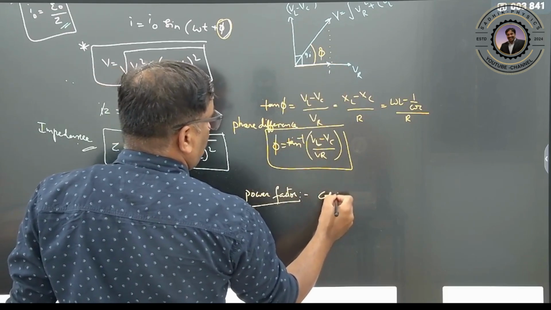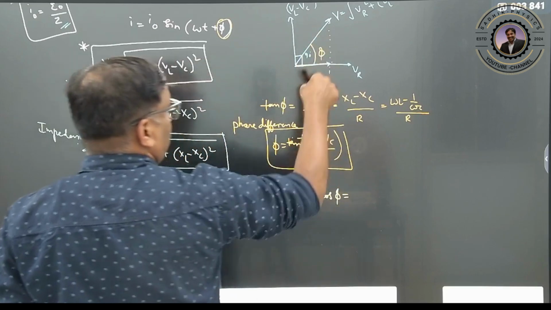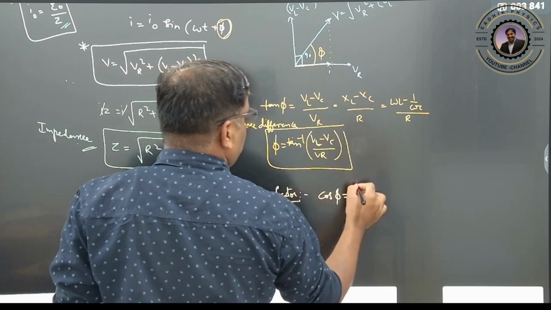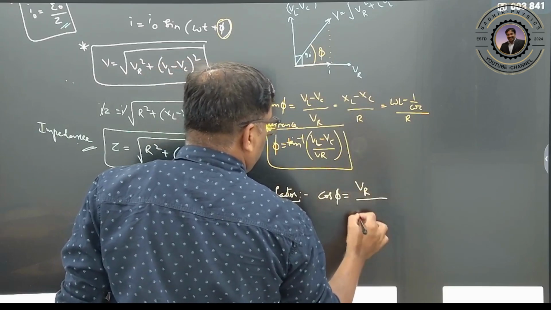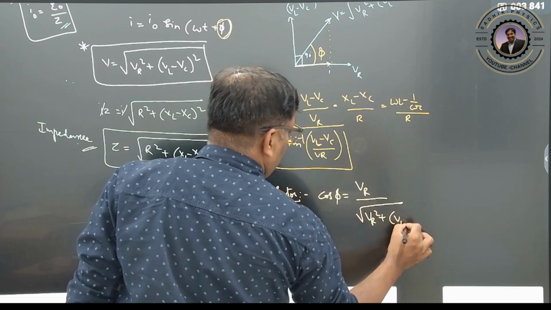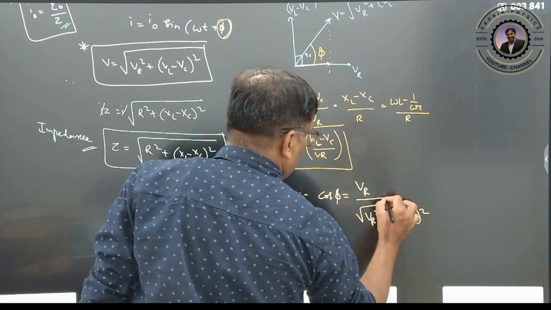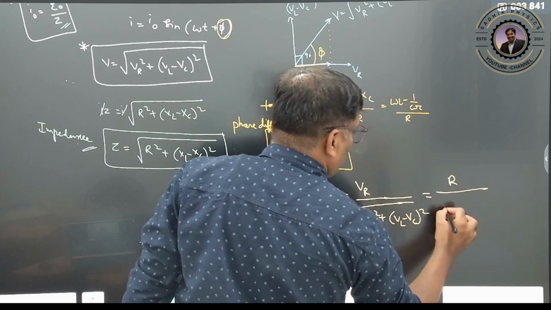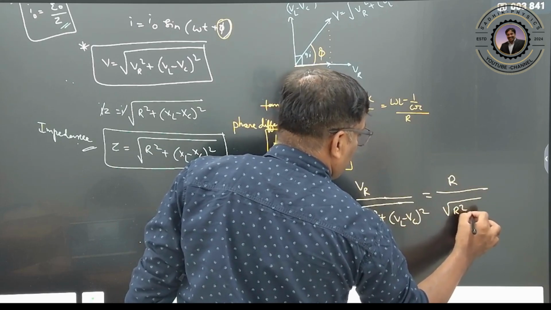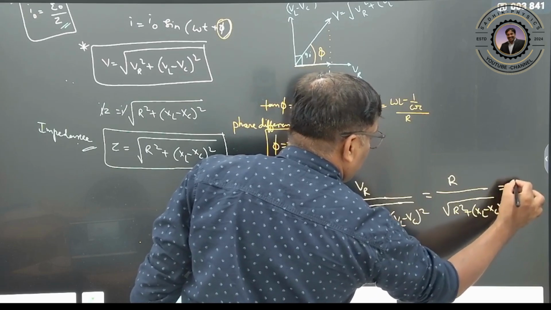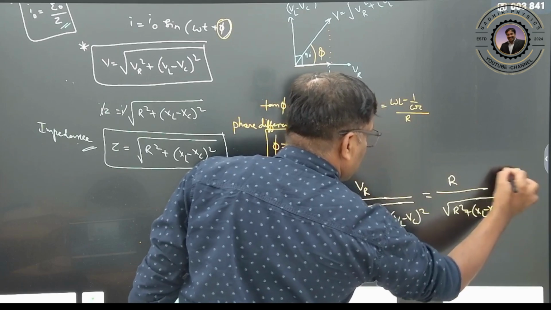Cos phi means adjacent side by hypotenuse. Therefore the adjacent side is VR by the square root of VR square plus (VL minus VC) whole square. I into XL, both are the same. So R by the square root of R square plus (XL minus XC) whole square, which we can write as R by Z.